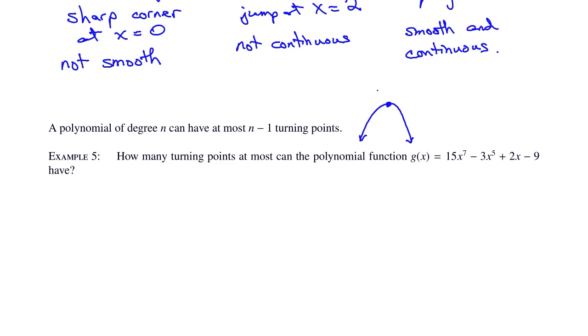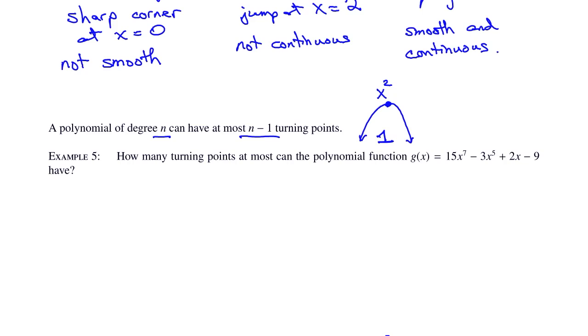This one comes from x squared, and the statement is a polynomial of degree n can have at most n minus 1 turning points. So the degree of a quadratic is 2, so it can have at most 1 turning point. That's why parabolas don't reach their maximum and then start going down and then suddenly turn around again. It's because they can only have 1 turning point.